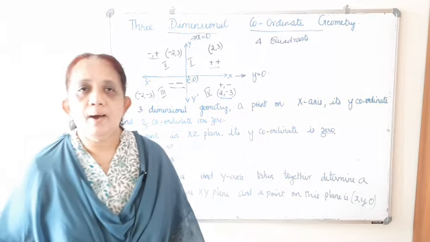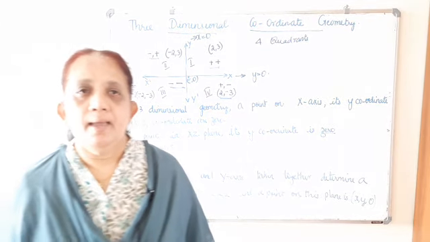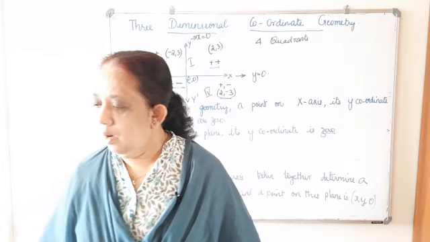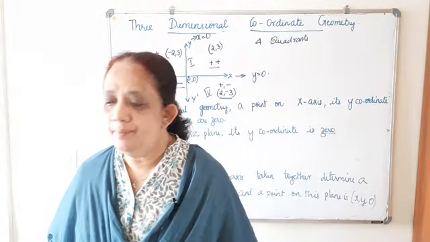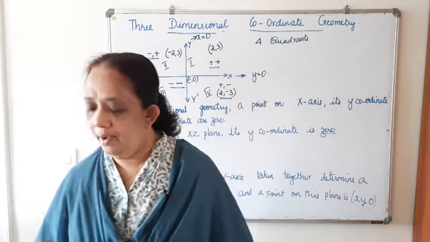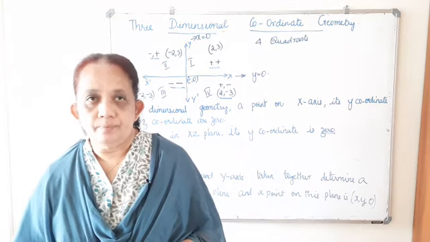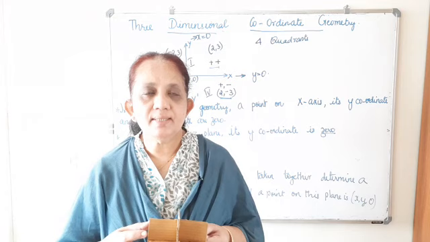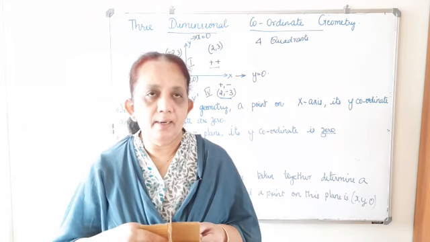Now, we require this in vector geometry that we will study in grade 12. Now, what do you mean by three-dimensional geometry? Three-dimensional geometry means you have three planes, and these three planes intersect each other at a particular point.